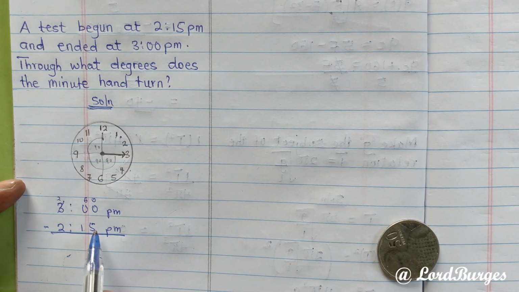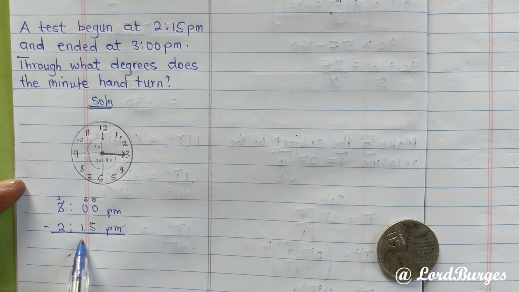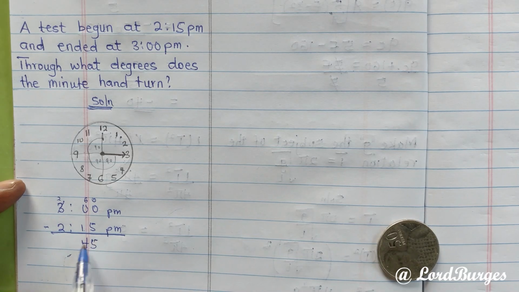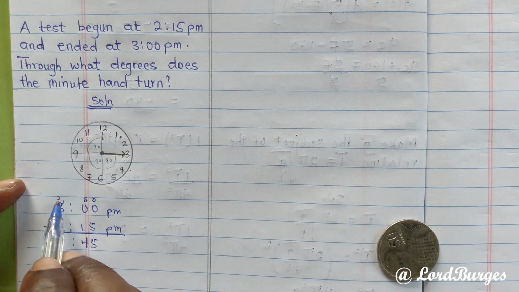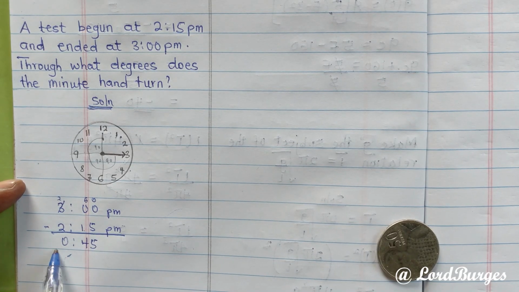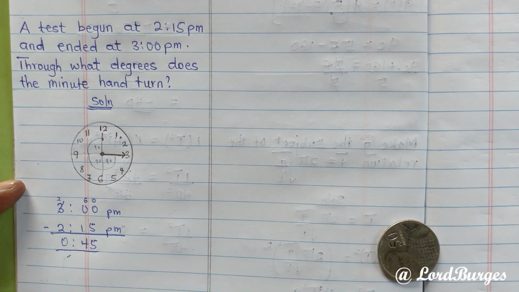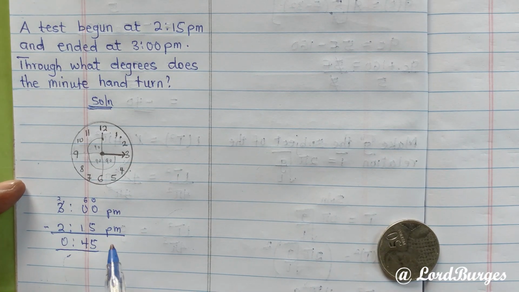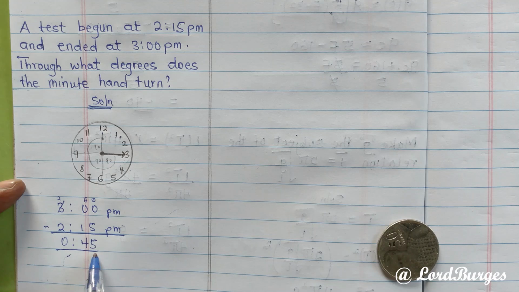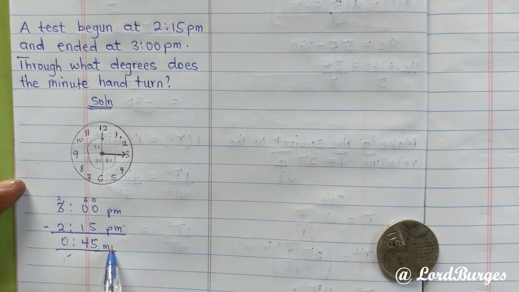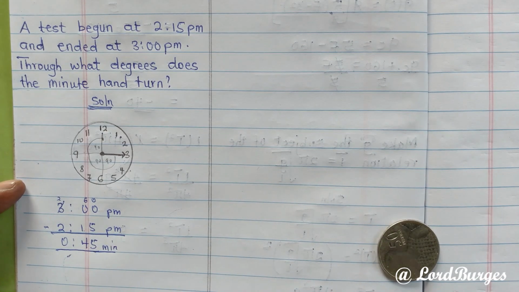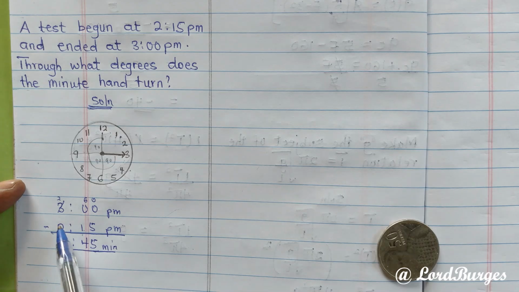So I have my 60 there. Therefore, 60 minus 15 becomes 45. 2 take away 2 is 0. That tells you that the minute hand moved 45 minutes. That is, from 2:15 to 3 o'clock is 45 minutes.